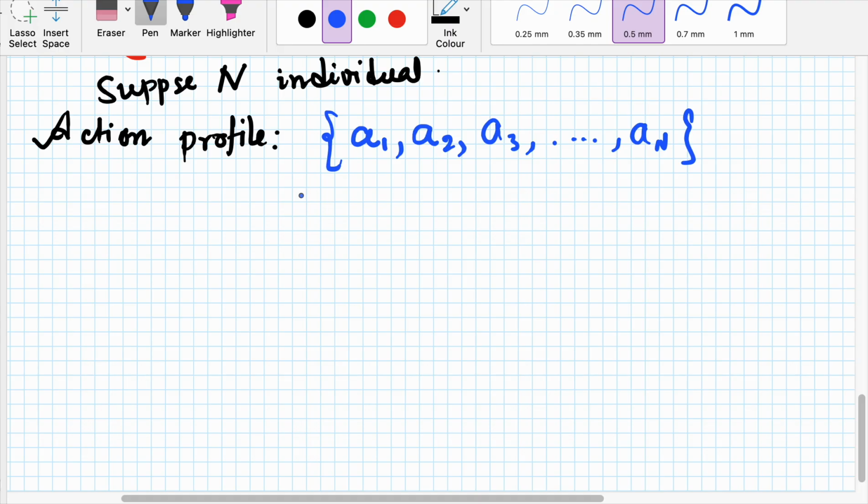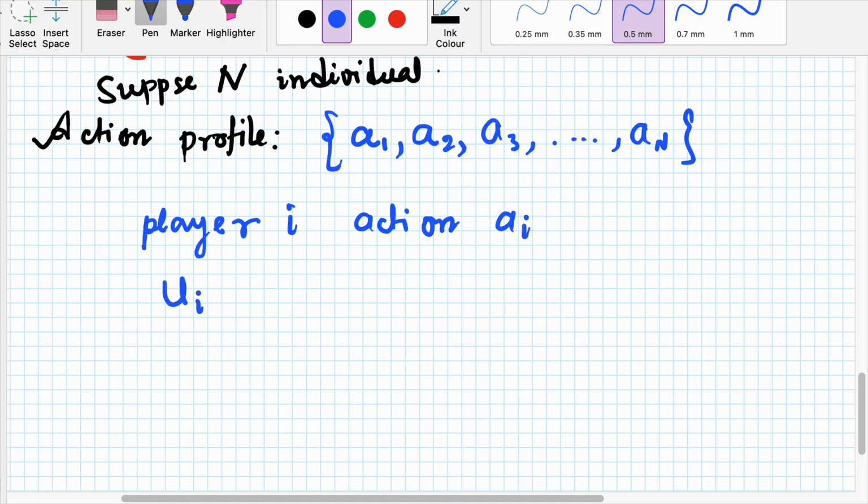So by this statement I mean, is there any action profile such that player i's action ai gives player i a utility, given that the other players' actions are a1, a2, a3 dot dot dot an except ai.